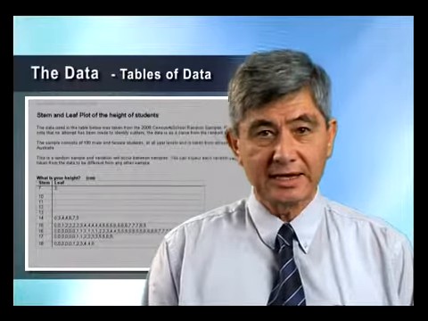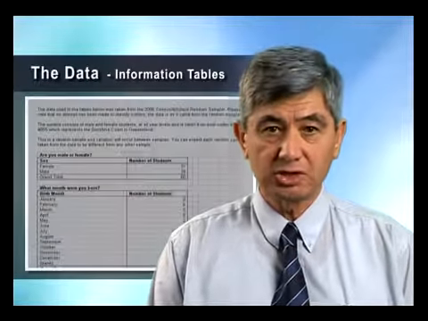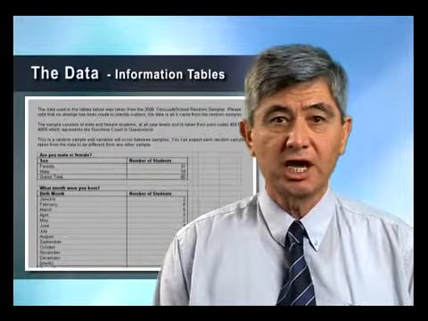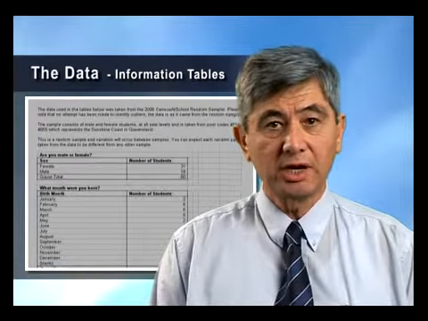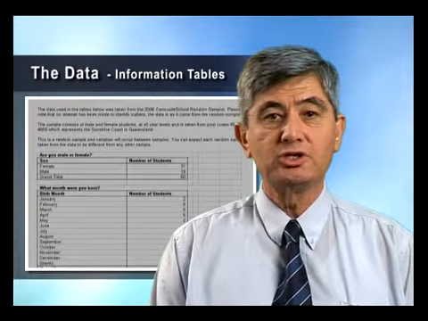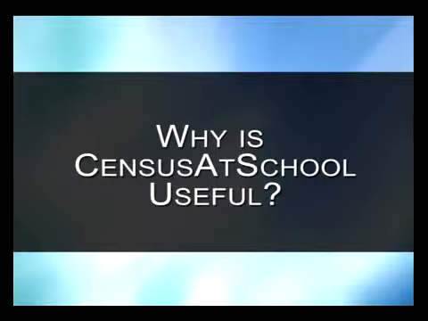Naturally, this will restrict any analysis that can be carried out. Some of the tables are of information and not data. These tables are provided to support the activities and can be used in curriculum areas where the requirement is to work with the information that comes from the analysis of the data that has been conducted.